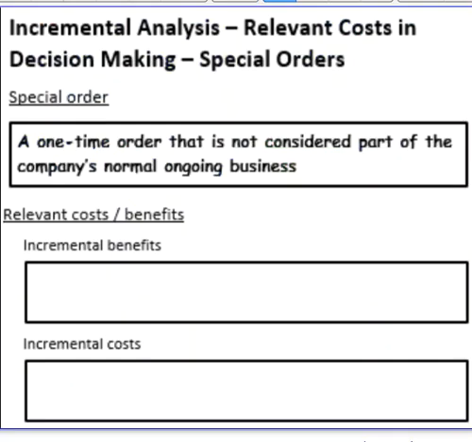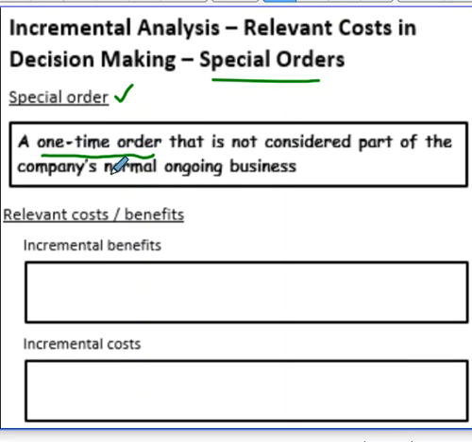Now that we have gone over relevant cost analysis and an exercise, we're going to get into an area called special orders, and how we use relevant costs in what we'd call special order analysis. Now, the definition of a special order for our purposes is a one-time order. In other words, we only have one opportunity to fulfill this order if we want to.